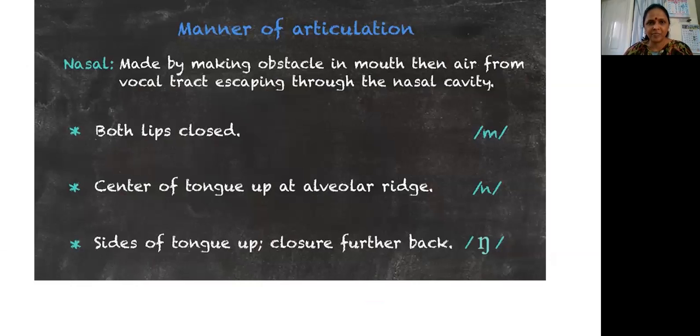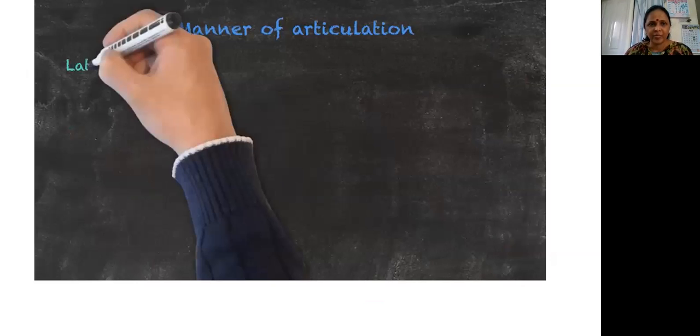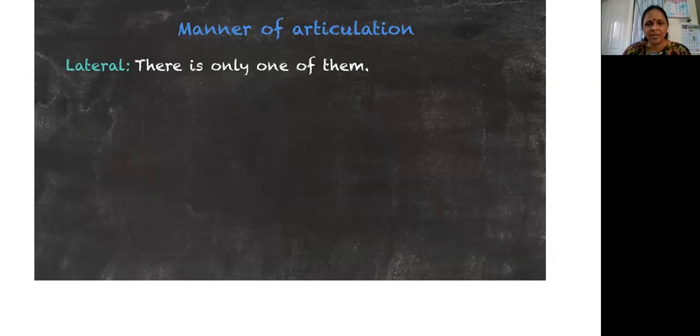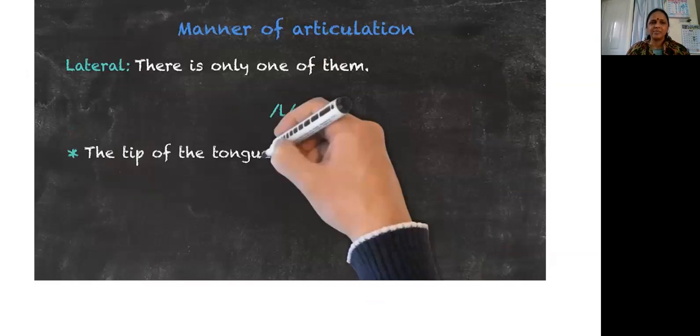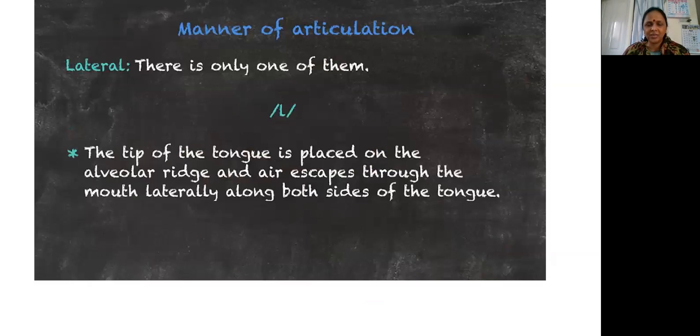Continuing on with the manner of articulation, we have our lateral sound. There's only one of them. I like to think of it as our lonely lateral. The lateral sound is the L sound. It's called lateral because the tip of the tongue is placed on the alveolar ridge and air escapes through the mouth laterally along both sides of the tongue.